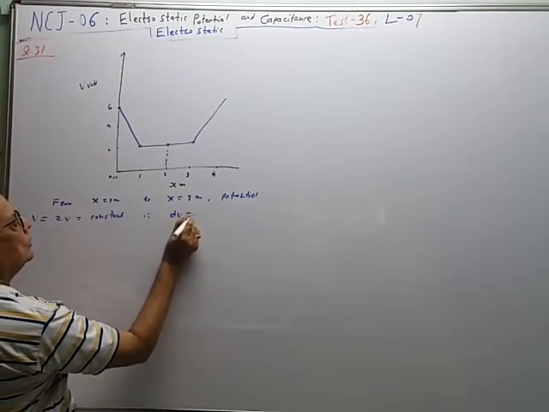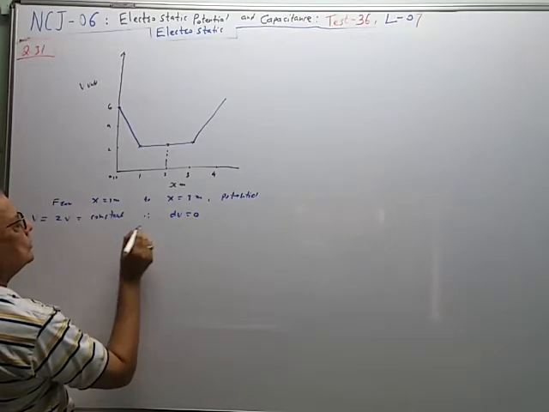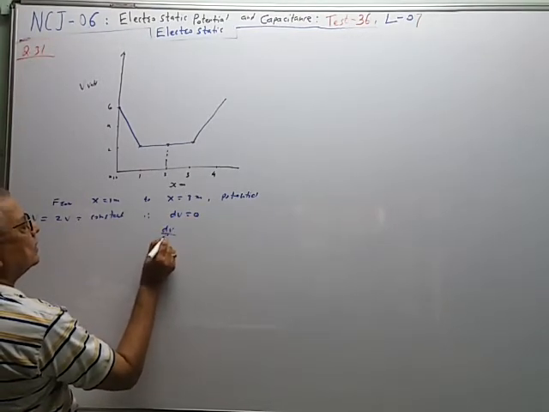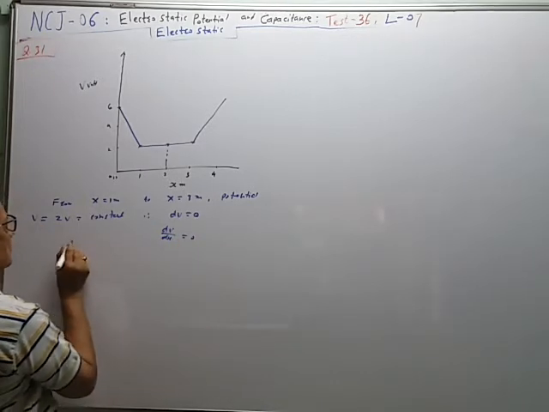Therefore, dV, the change in potential, is equal to 0. Therefore, dV by dx is equal to 0.